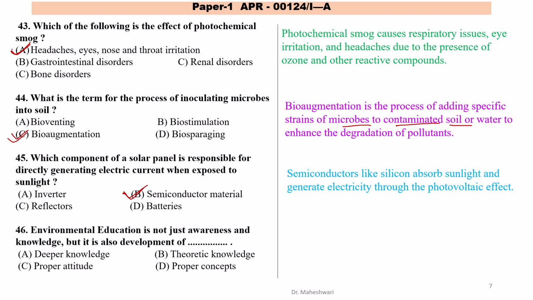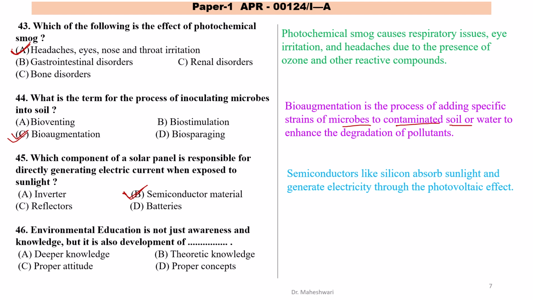Semiconductors like silicon absorb the light and generate electricity through the photovoltaic effect. So the correct option for solar panel is semiconductors, which convert the sunlight into electric current, electricity.